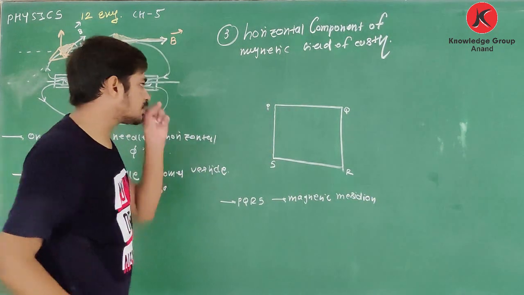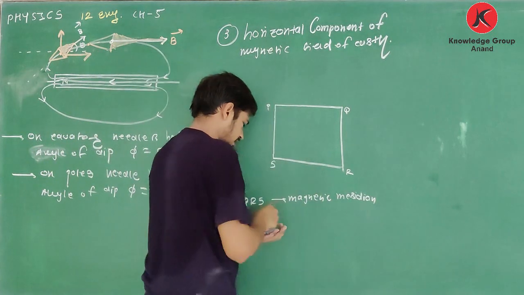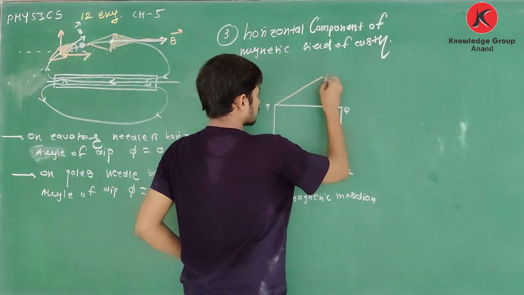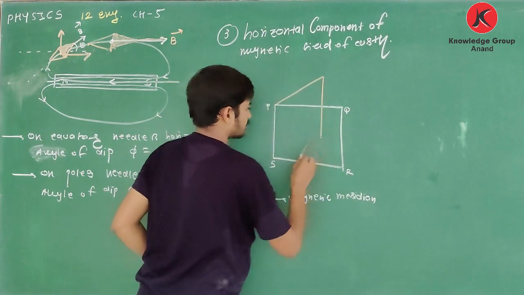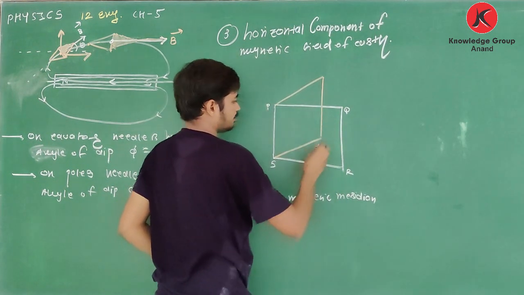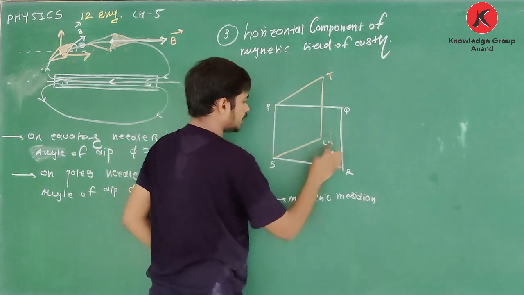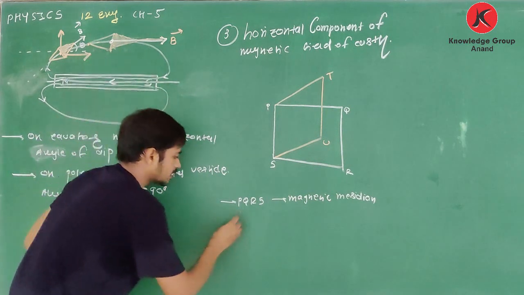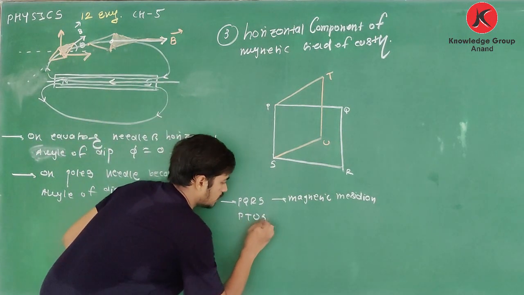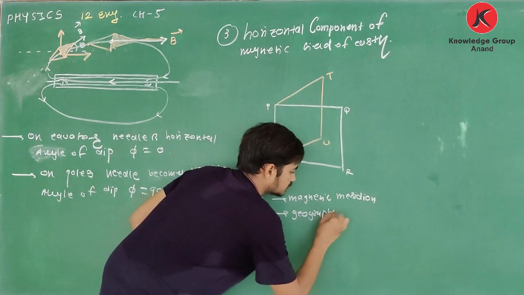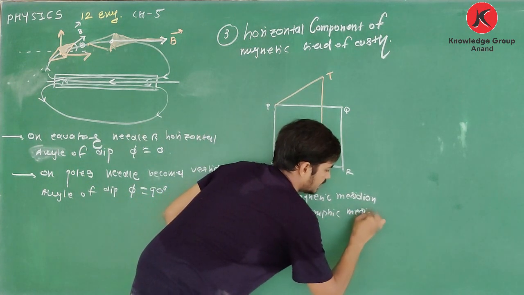Okay, another plane like this, that is T and it is U. So P, T, U, S is another plane. It is the geographic meridian.